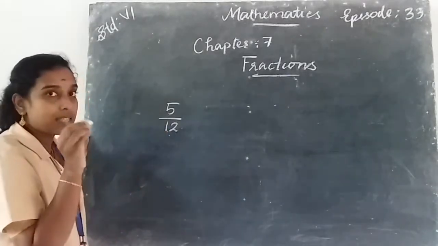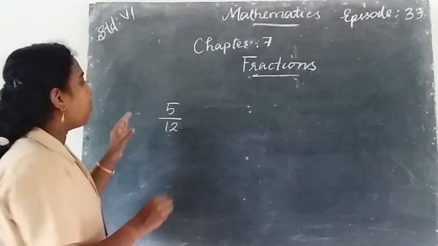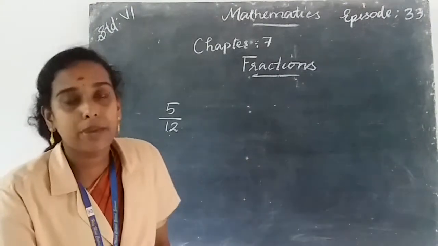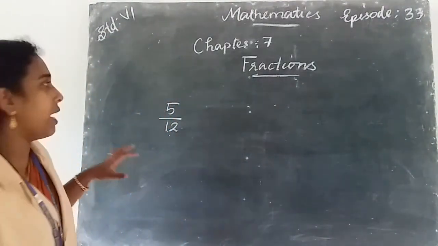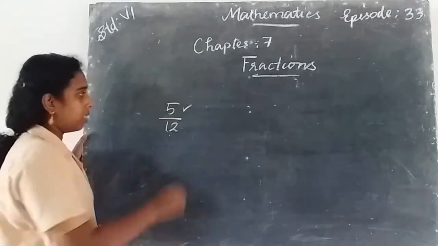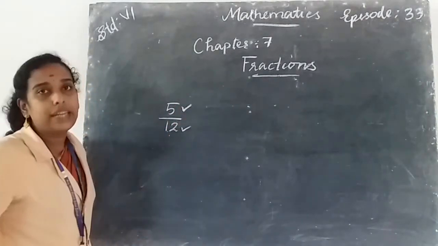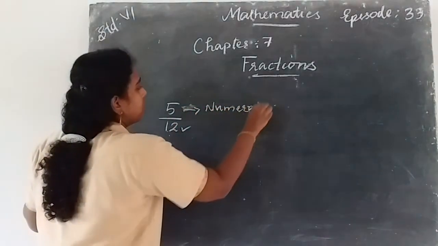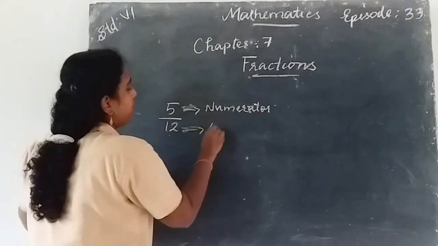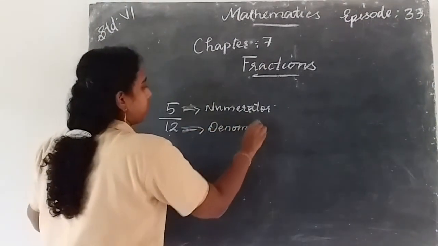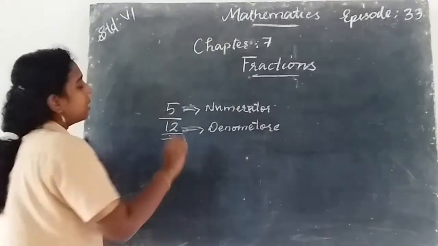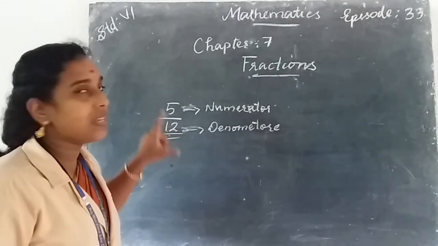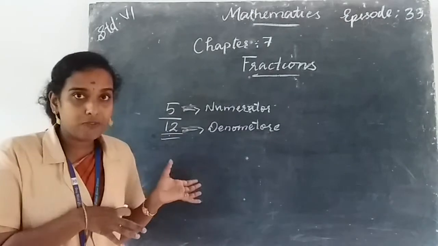Here 5 is the numerator, and 5 is the number of equal parts which have been taken out, or the shaded region. 12 is the denominator. 12 represents the number of equal parts the whole is divided into, and 5 is the number of parts taken out from the whole.